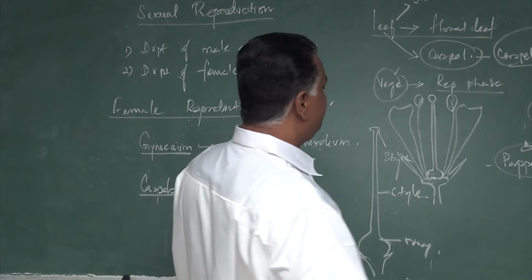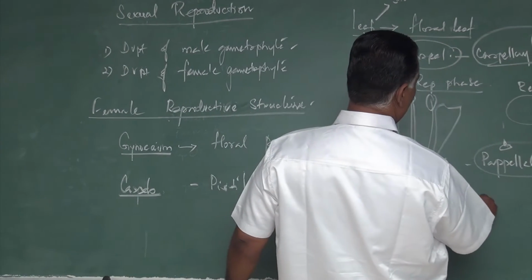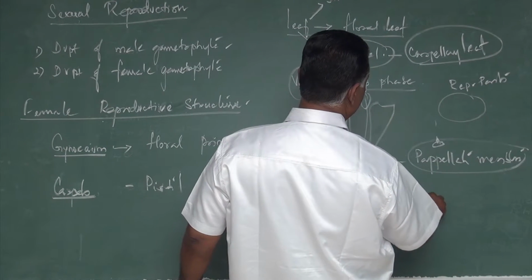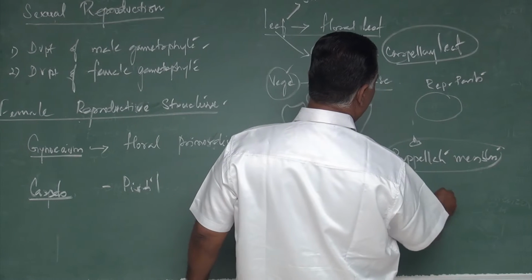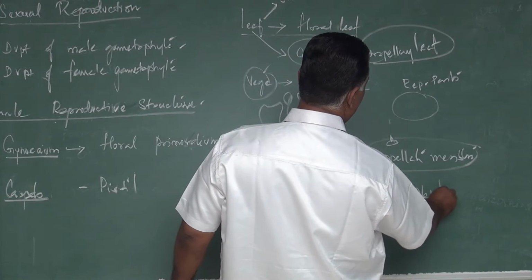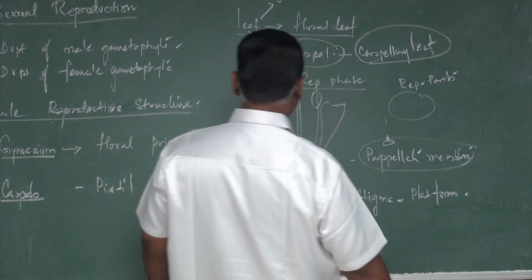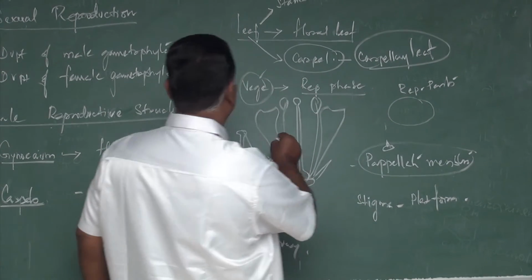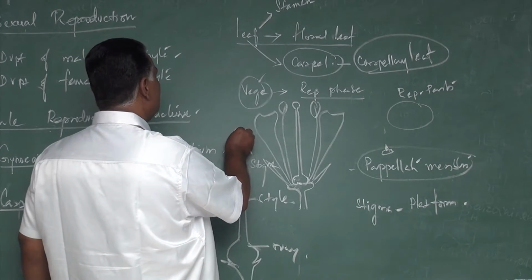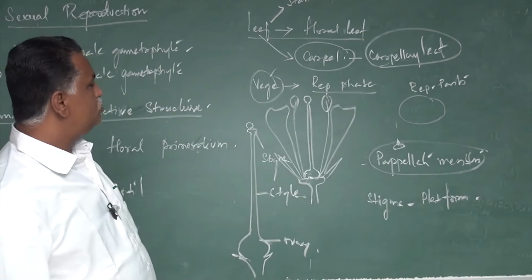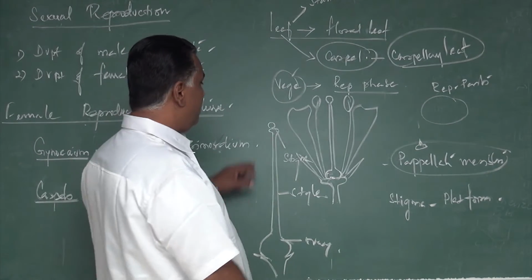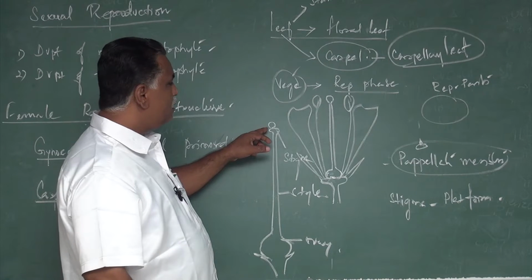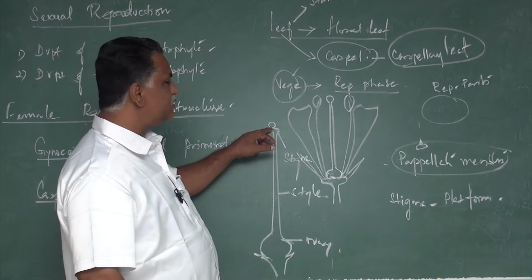What is the function of style? Stigma first. What is the function of stigma? Stigma is a platform. Stigma is the platform which receives pollen grain by the time of pollination, and the growth of the pollen grain is determined by the substances present in the stigma.